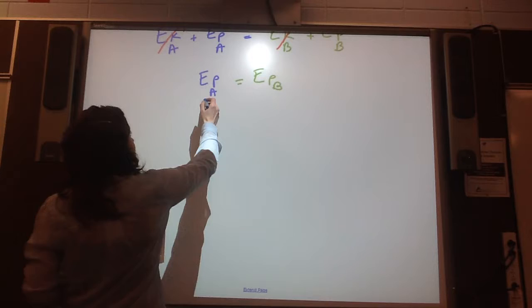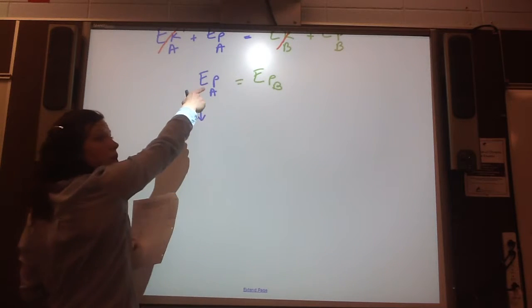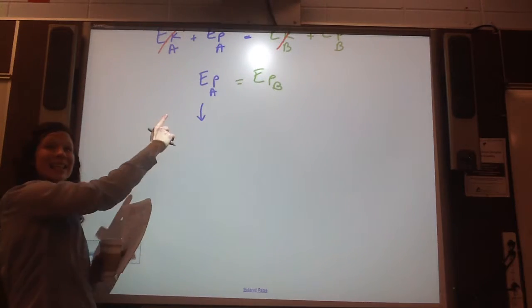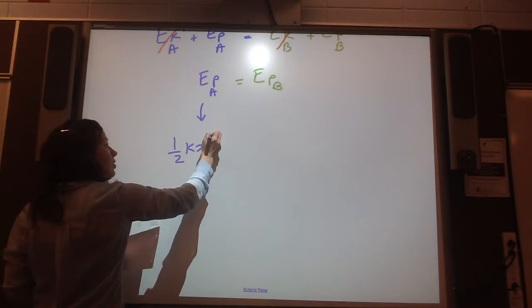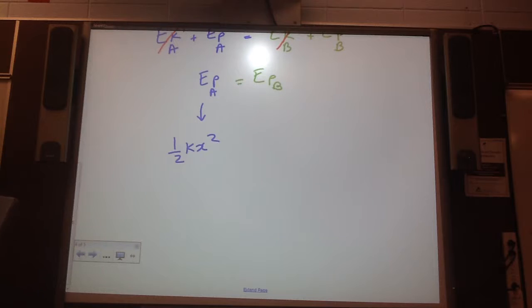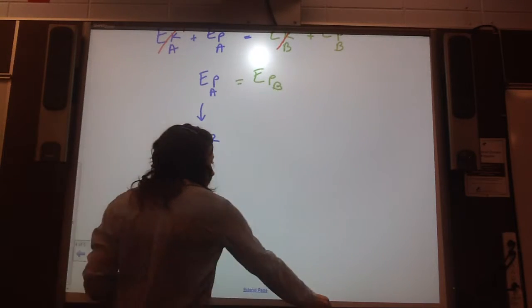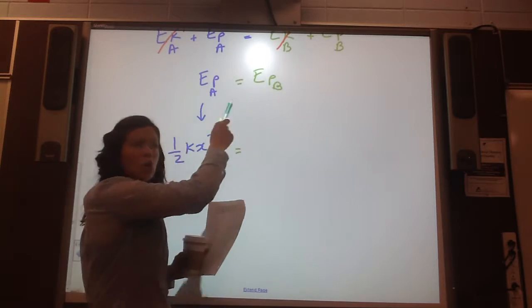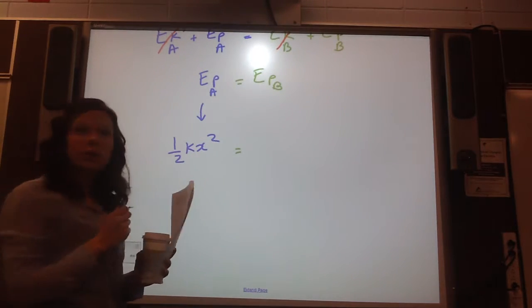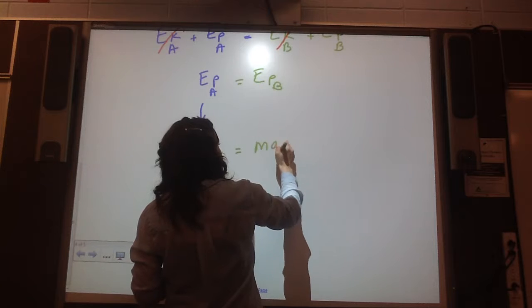Now we can expand this. This was about our spring, so elastic potential energy is half kx squared, because that's all about our elastic. Then this one was about gravitational, so this one is m times g times h.